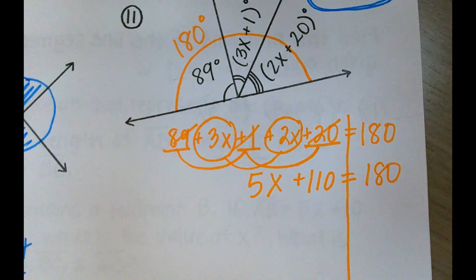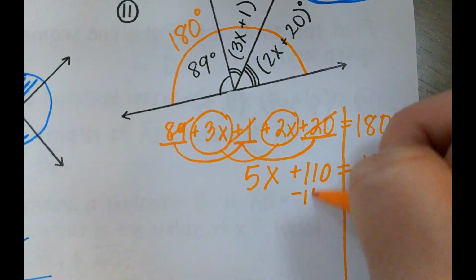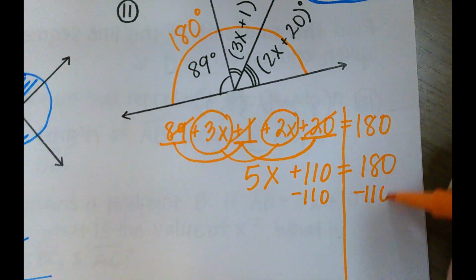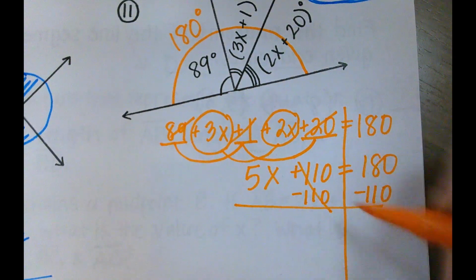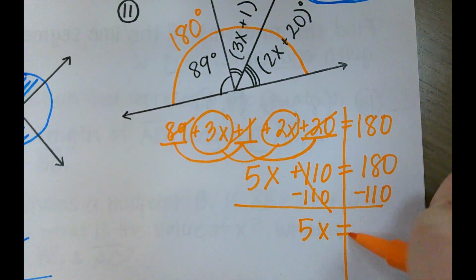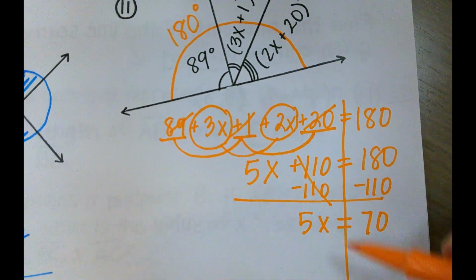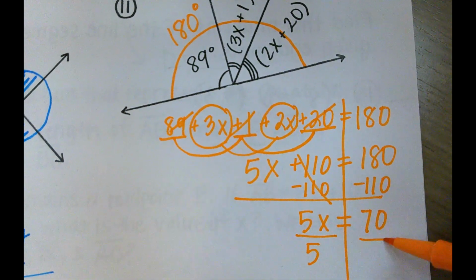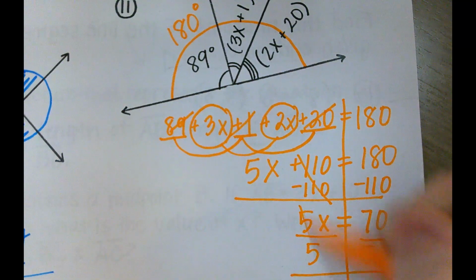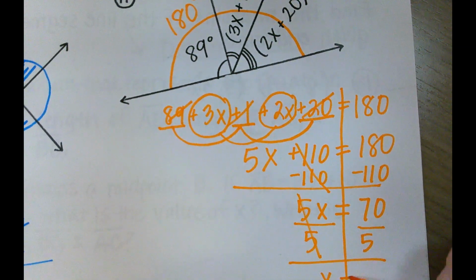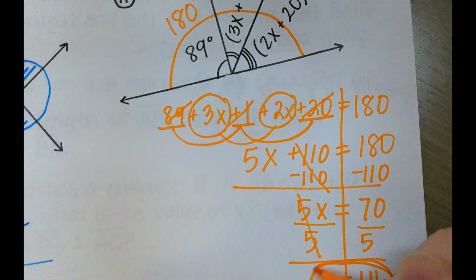Then you subtract 110 on both sides. 5x equals 70. Then you divide by 5 on both sides. X equals 14. Yes, x equals 14. Very good.